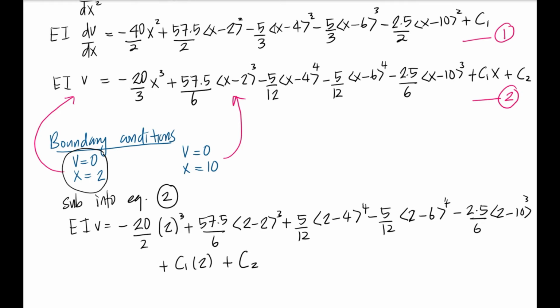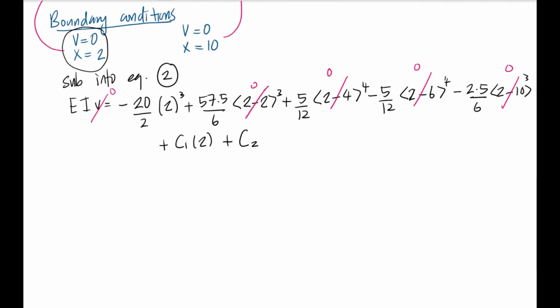In this case, we know that this is 0. 2 minus 4 is negative 2. For the Macaulay method, we need to cancel out whatever gives a negative value in the bracket, so this is 0. Therefore, you will get 2c1 plus c2 equal to 160 divided by 3.